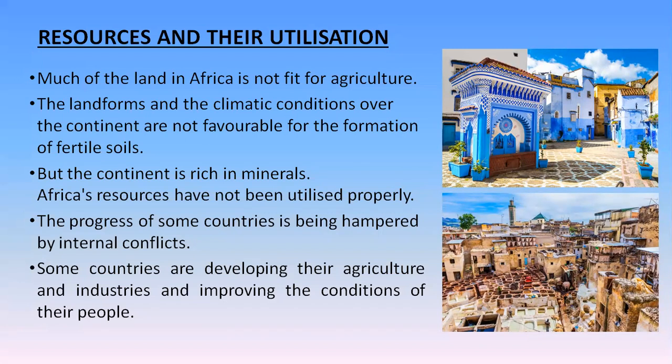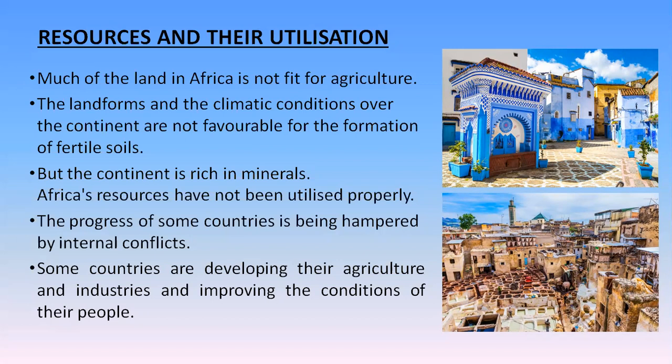As we all know, the land is not discovered entirely until now. So much of the land is not fit for agriculture. There is some reason behind it. The landforms and the climate conditions over this continent are not favorable for formation of a fertile soil.